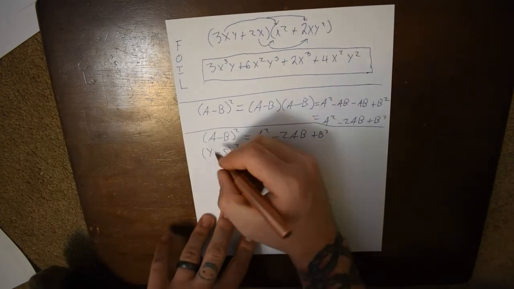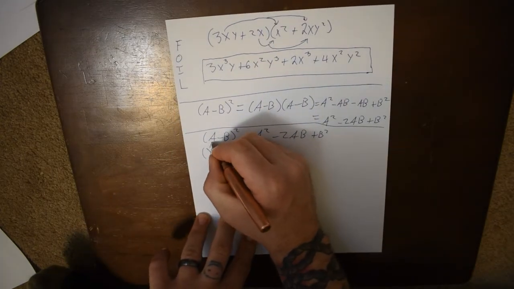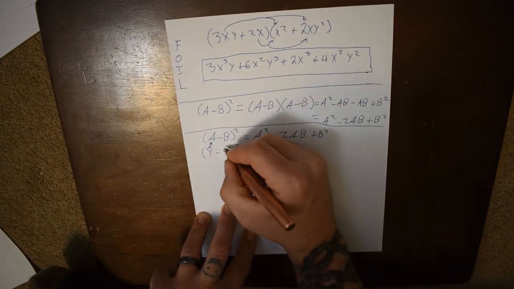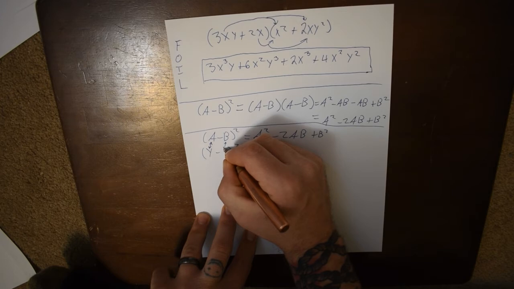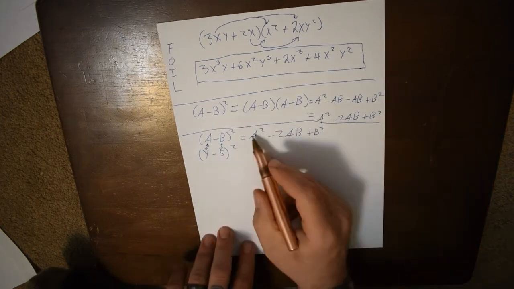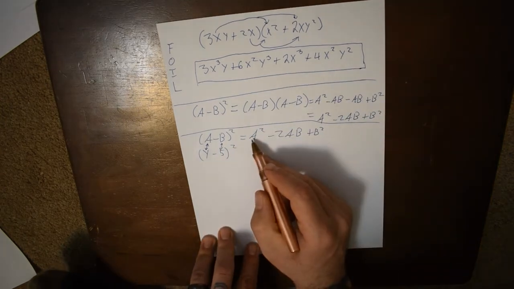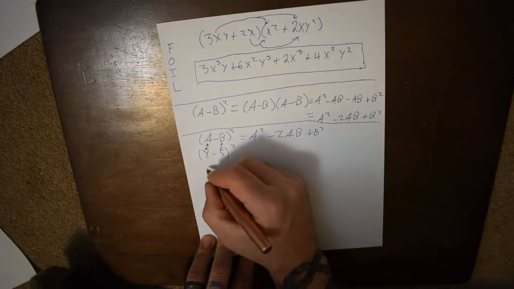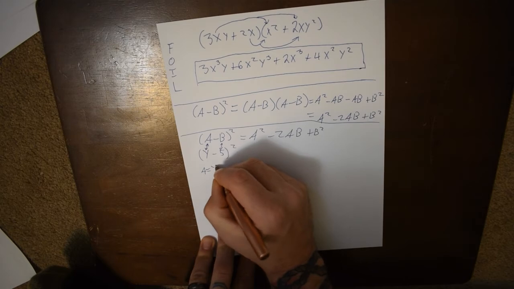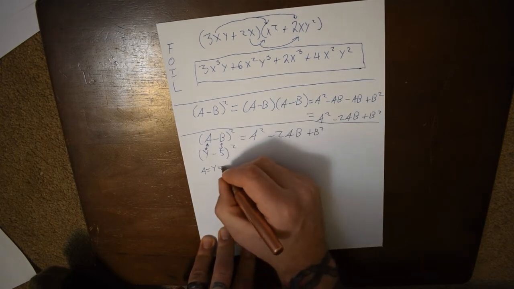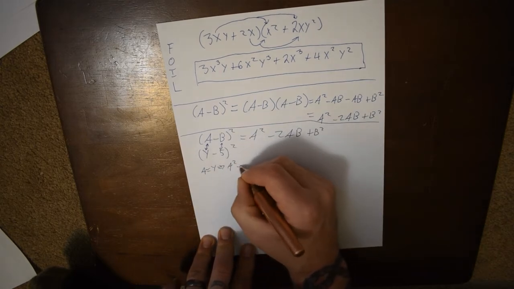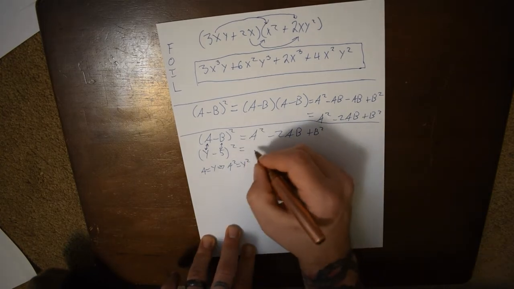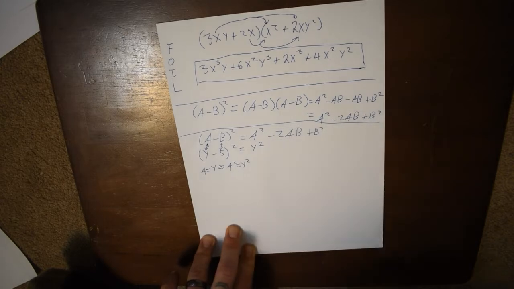Well, in this problem, y is acting like a, and b is acting like 5. We need an a squared, a negative 2ab, and a b squared. If a is equal to y, that tells us that a squared is equal to y squared. So this is going to be y squared.